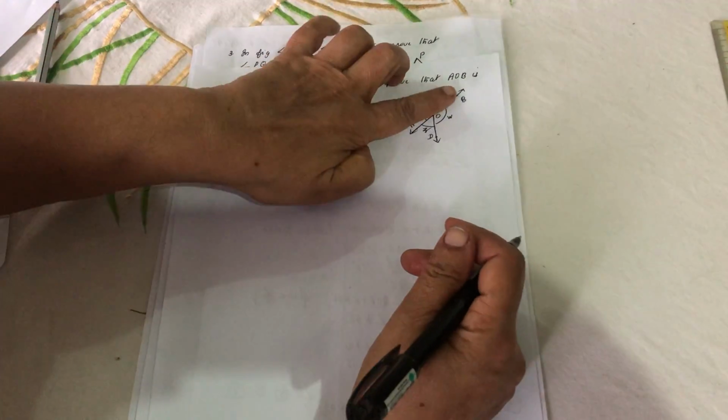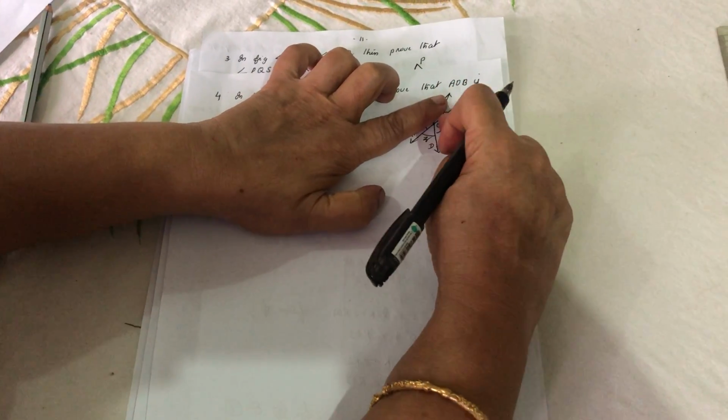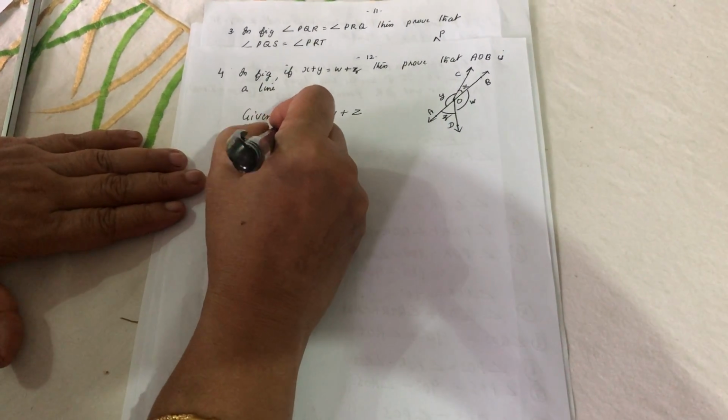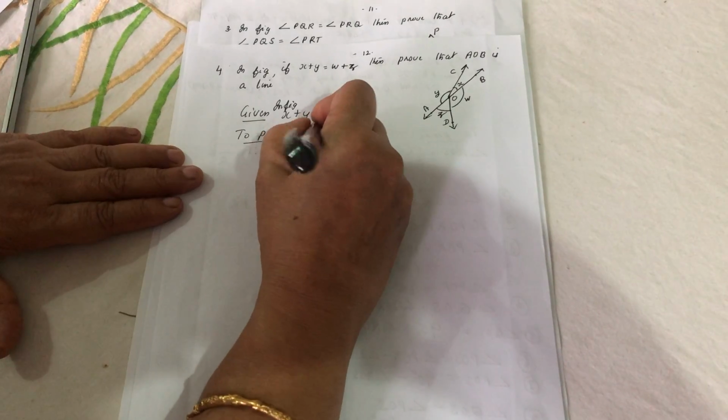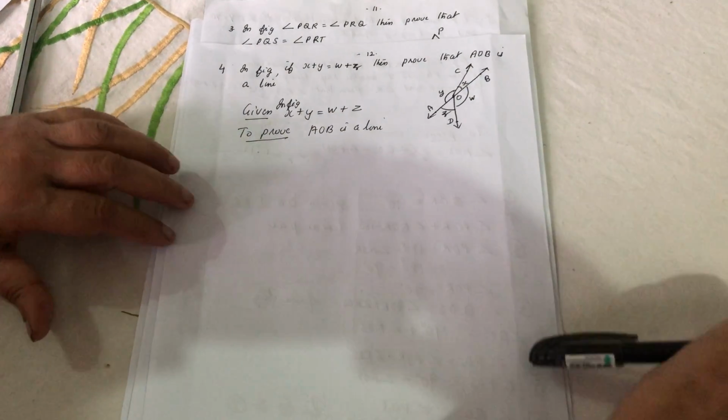That means when you add x and y, you get the sum of w and z. So what you have to prove? You have to prove AOB is a line.